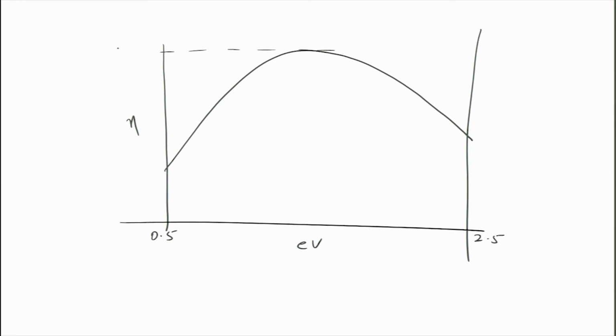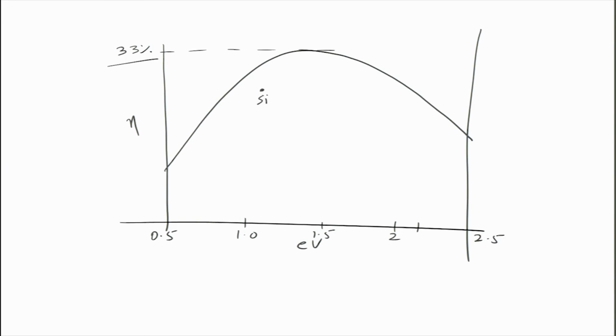So, this is for single junction devices at about 33%. And silicon is somewhere here.